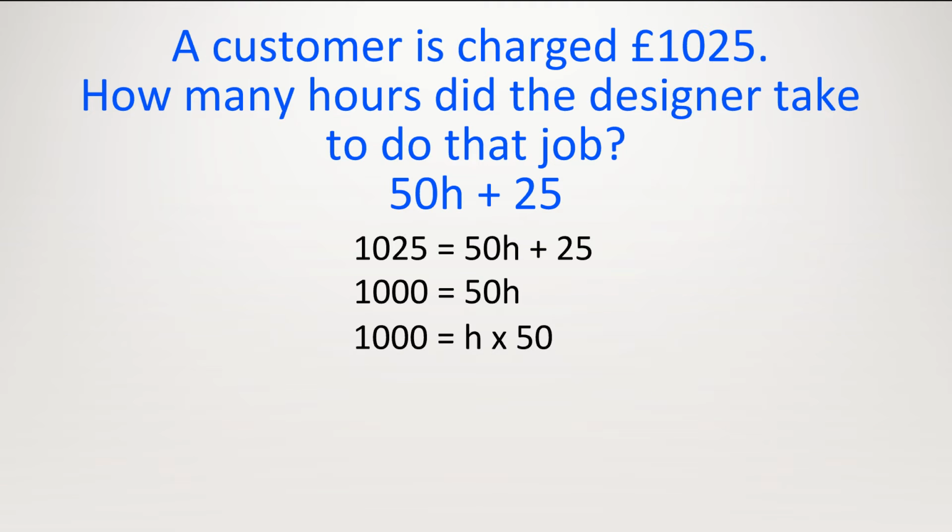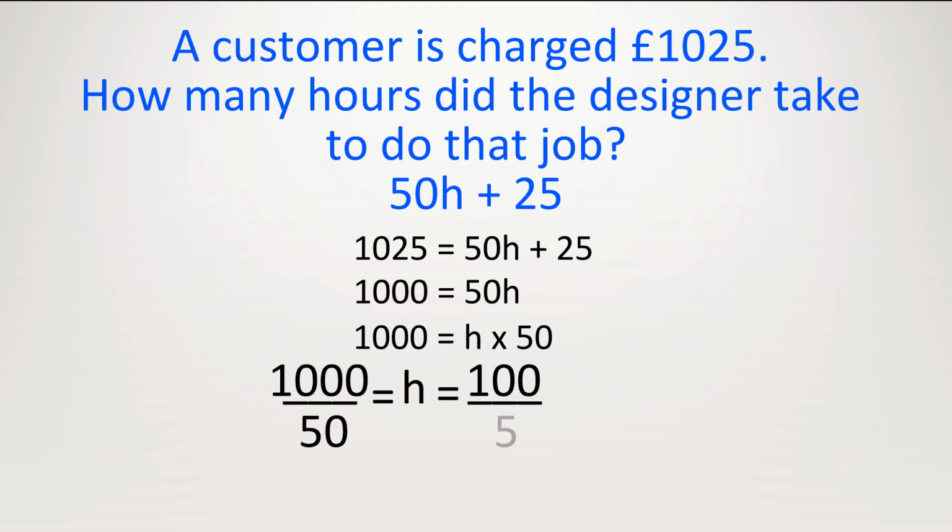How to move times 50 to the left? We divide by 50. So we get 1,000 divided by 50 equals h. They are both in the 10 times table, so we can get rid of a 0 on top and bottom. This becomes 100 divided by 5 equals 20. Hence, this designer will work 20 hours.